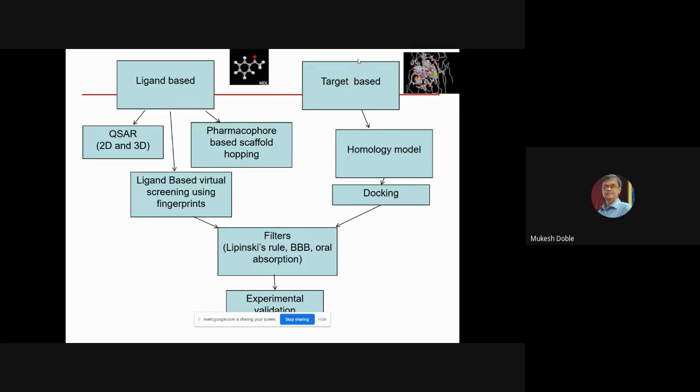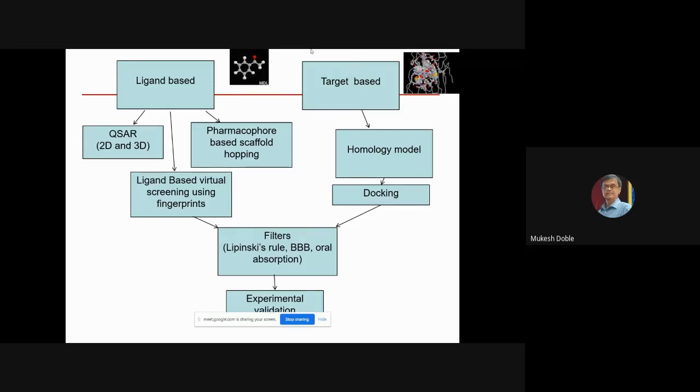We used PyMol to view all the pharmacophores developed. Then we used PharmaGist to screen new molecules from the ZINC database which may have the same pharmacophore. Then later on, of course, we have to use ADME to see whether the new molecules which you have shortlisted have the drug likeness and ADME properties.